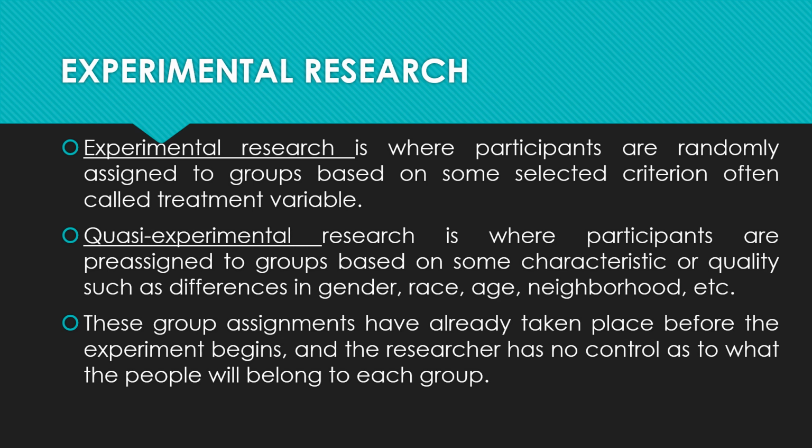Quasi-experimental research is when participants are pre-assigned to groups based on some characteristic or quality, such as differences in gender, race, age, neighborhood, etc. So one group is randomly assigned, the other group is pre-assigned. These group assignments have already taken place before the experiment begins, and the researcher has no control over who will belong to each group.